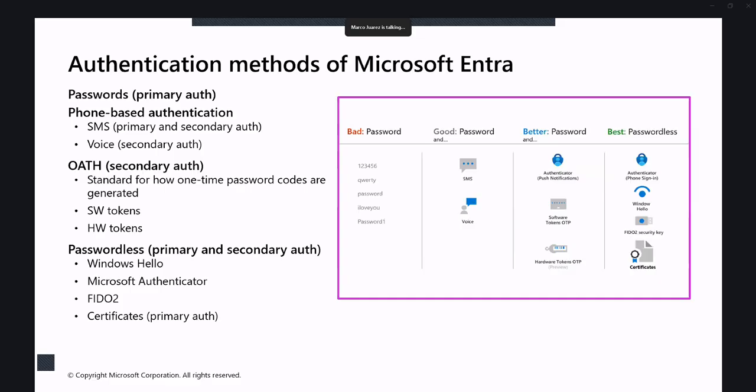And passwordless, again, we can think about biometrics, for example, Windows Hello biometrics. It's something you are. You can use your fingerprint or your face, as face recognition, so we can get those parameters to be used.